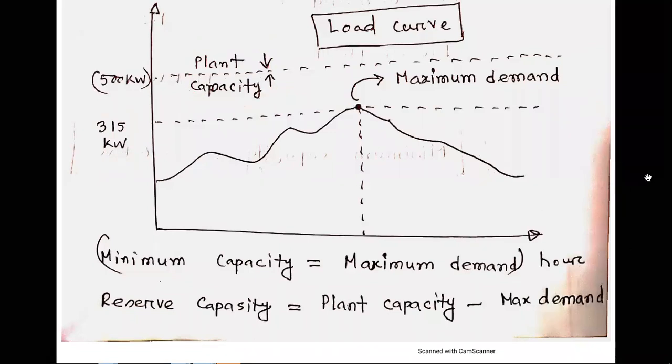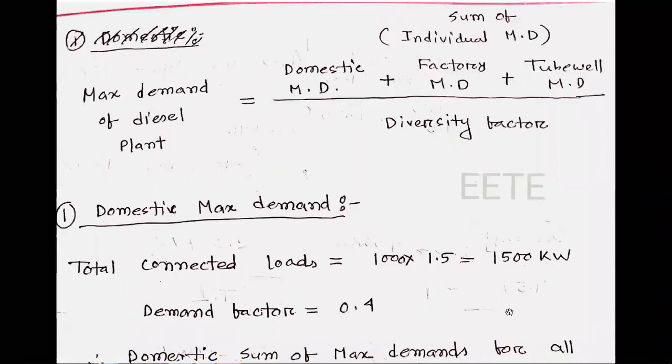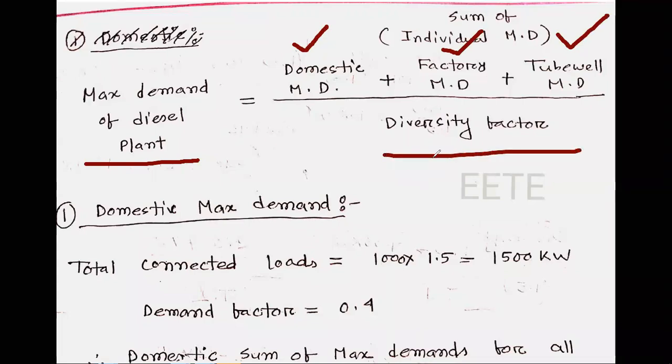So let's go. We need to find out the maximum demand. How will we get it? The maximum demand of that diesel power plant will be the sum of everyone's maximum demand: the domestic maximum demand, the factory maximum demand, and the tube well maximum demand, divided by the diversity factor, which is given as 1.2.